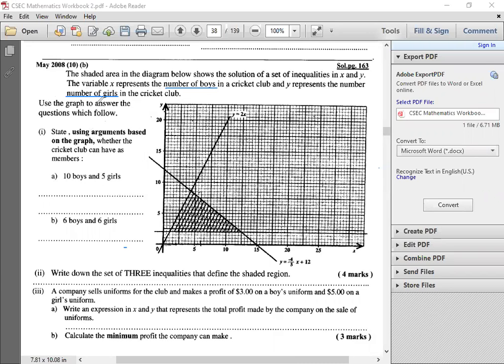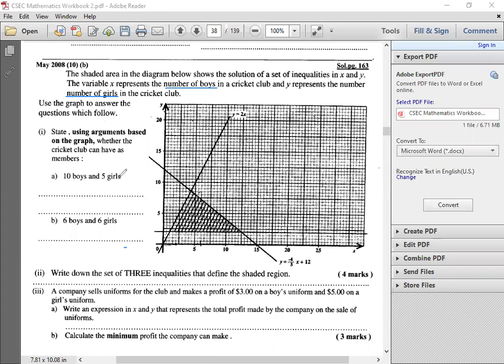Use the graph to answer the questions which follow. Part 1. State using arguments based on the graph whether the cricket club can have as members 10 boys and 5 girls.